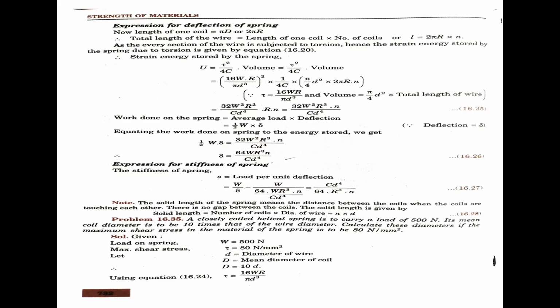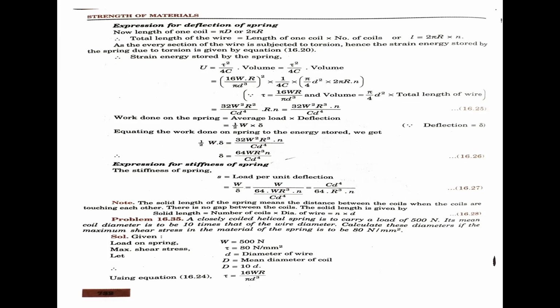Total length of the wire equals the length of one coil, 2 pi r, into the number of coils n. Every section of the wire is subjected to torsion. Hence the strain energy stored by the spring due to torsion is given by equation 16.20.